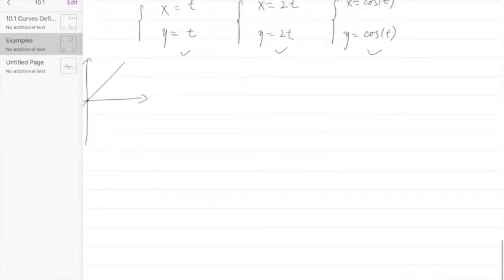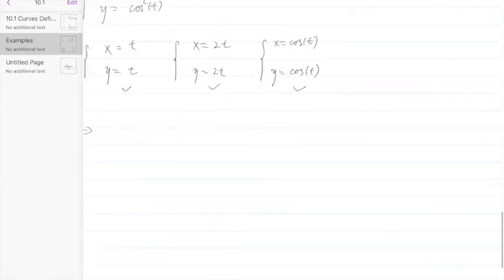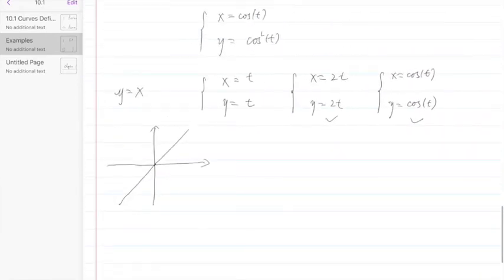But what's the difference between this one and this one? Let's check the first two. It's easier to compare. Number one, they all pass the same points, so there's no point to check whether they are the same. They're all the same in terms of trajectories. But if you think about the comparison of these two, if you plug in t equals 1, what happened?